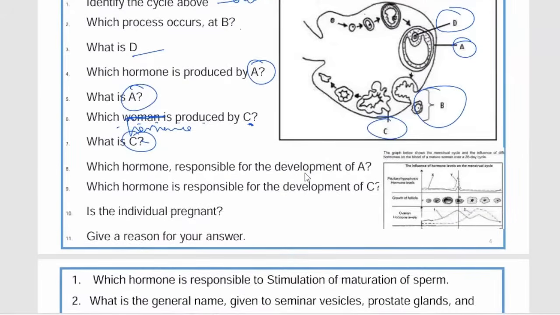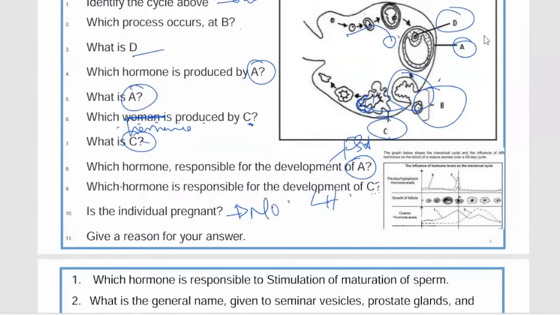Which hormone is responsible for development of A? What makes this develop is FSH. So here we see that this is FSH. Which hormone is responsible for development of C? It means that after this has been released, which hormone is responsible for this? It is LH. Is the individual pregnant?